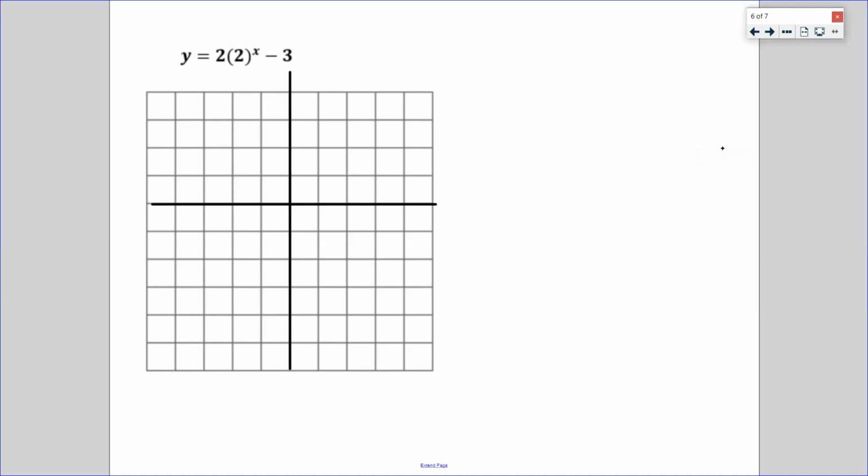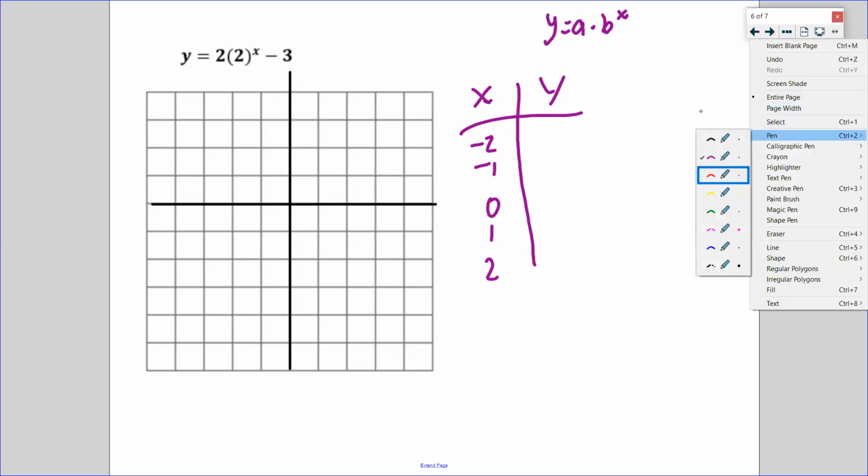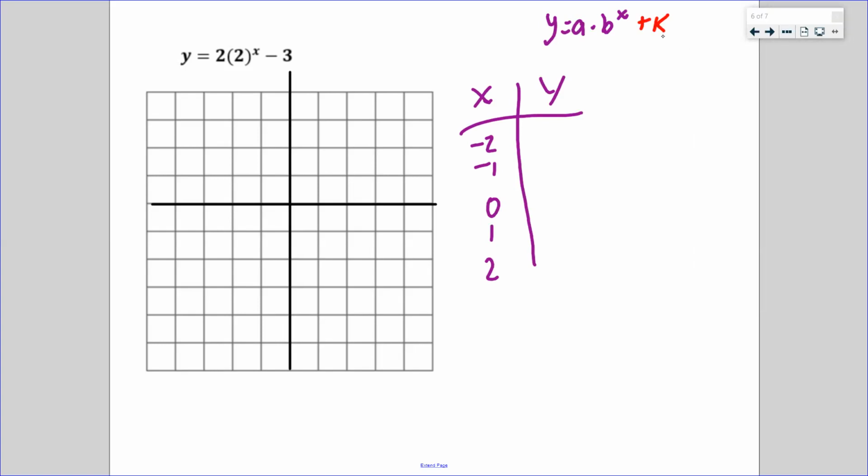Do my XY chart. Again, I want to use those same x values, -2, -1, 0, 1, and 2. But first, I want to find a times b to the x. Then add k at the end of it.